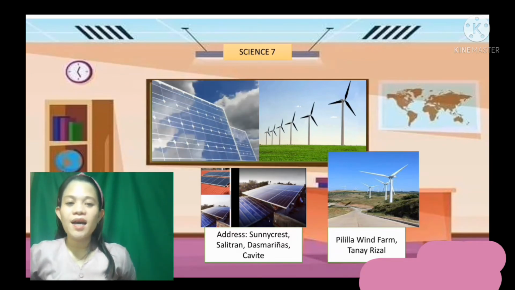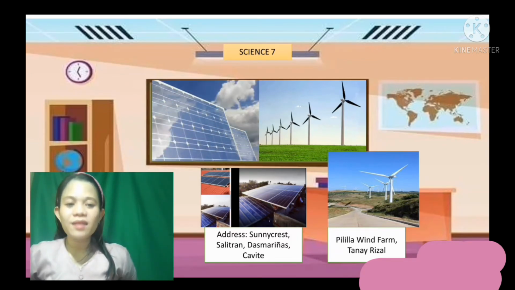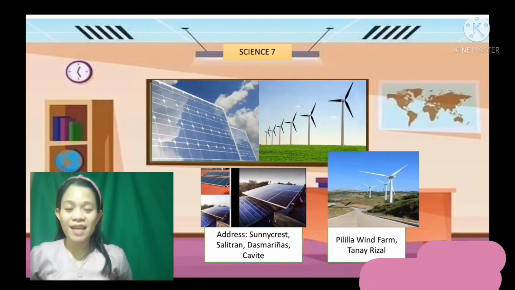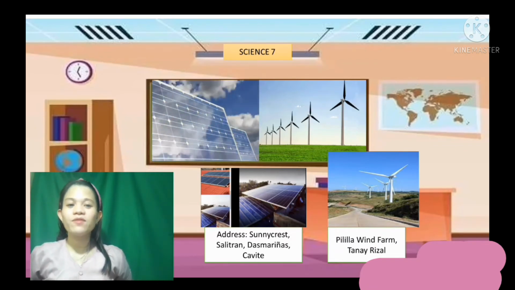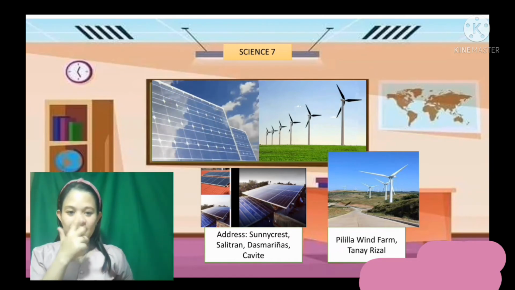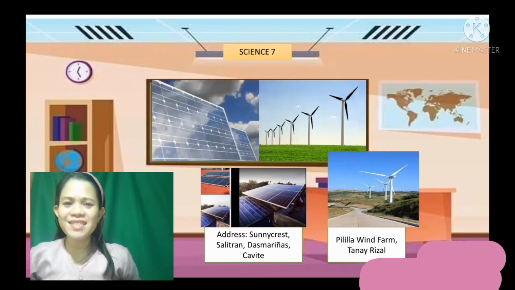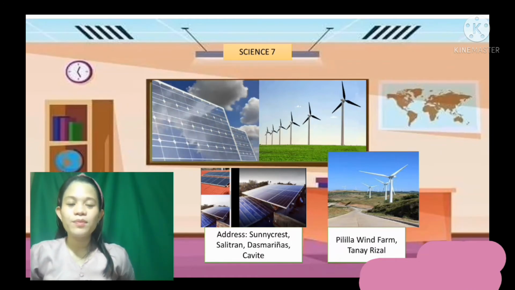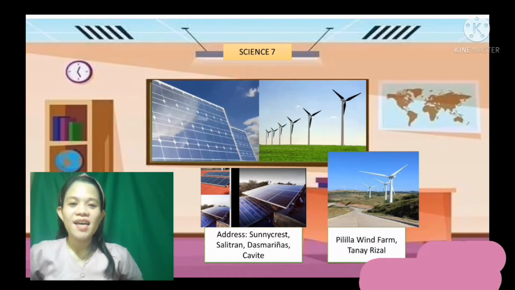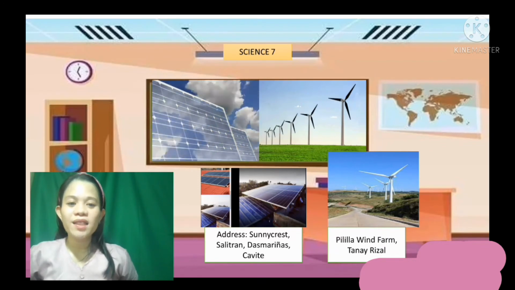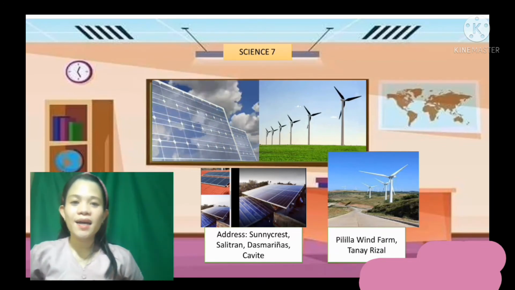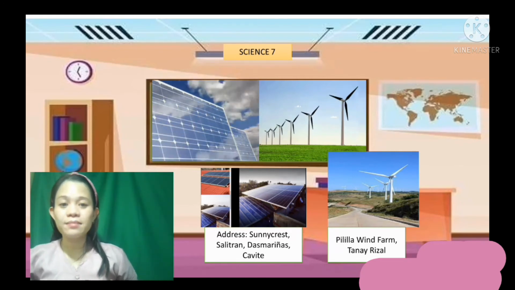So, in wind farm, so meron tayong wind farm sa Karatig province po natin, which is the Pililla Wind Farm in Tanay Rizal. So, in Tanay Rizal, because Tanay Rizal is a mountainous area, wala po silang makukunan na kuryente, kaya ang ginagamit nila is a windmill or kumukuha sila ng electricity through windmill.